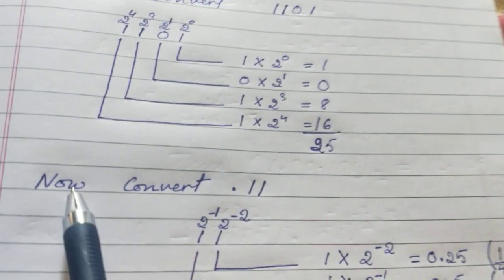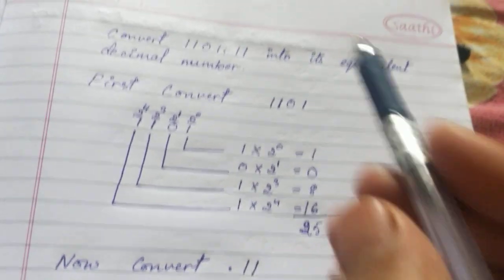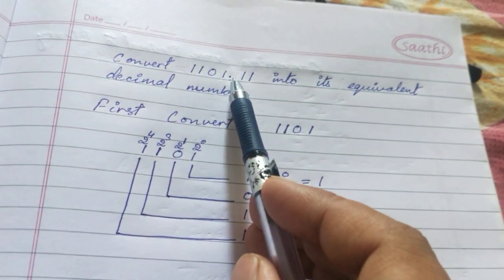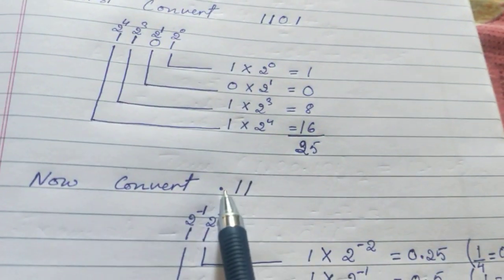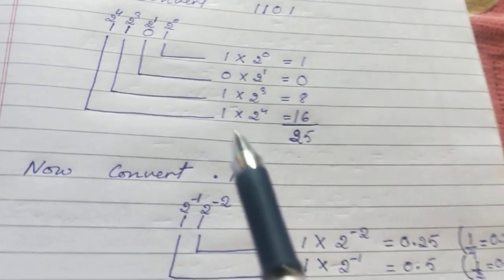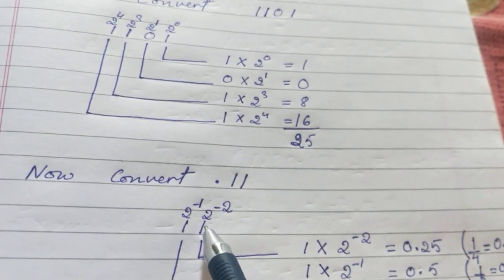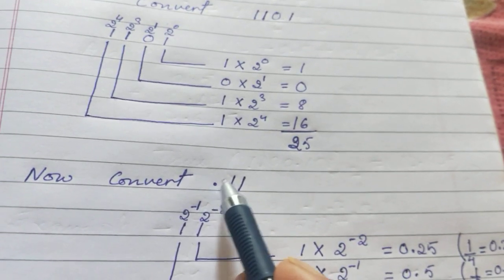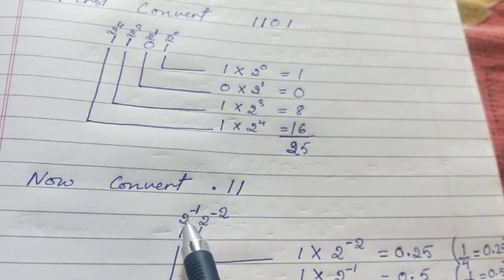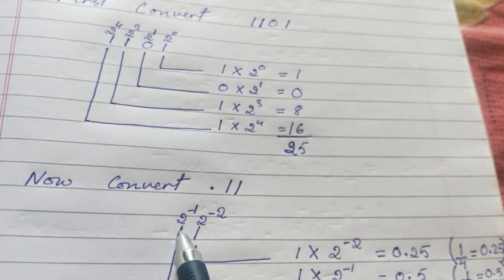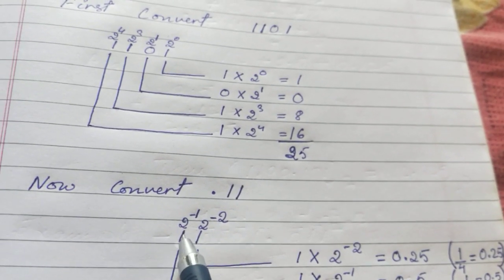Now you have to convert the number which is after the decimal point, which is 11. Now convert 0.11. Just write the numbers 1 and 1. Since they are after the decimal point, you will start giving them powers starting from the left-hand side.